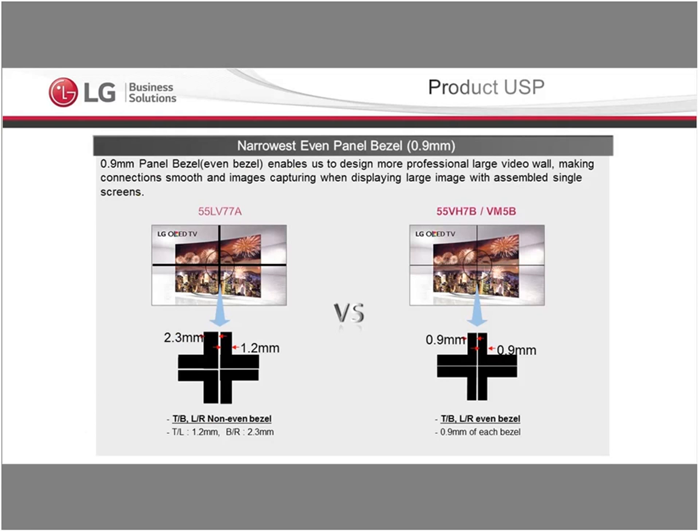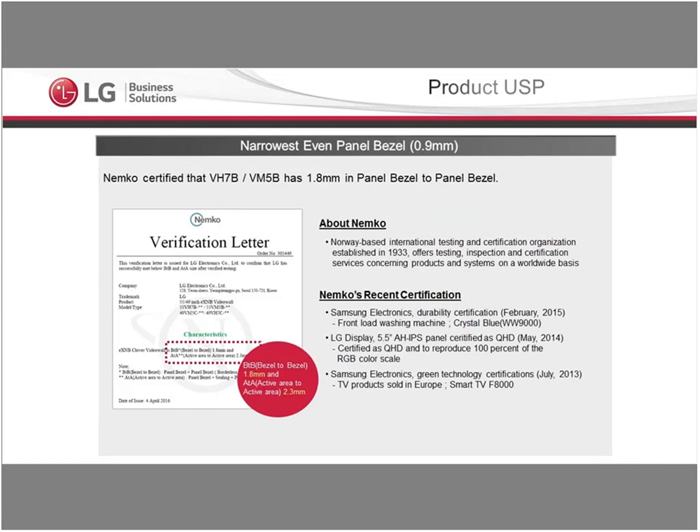Note, another product by LG, 55LV7, 7A, so it would be 2014, and it would be a 7 series, so it would be 700 nits. Again, this product is an apples to apples comparison with the VH7B, with the difference being the bezel is much thinner on the new Clover product.